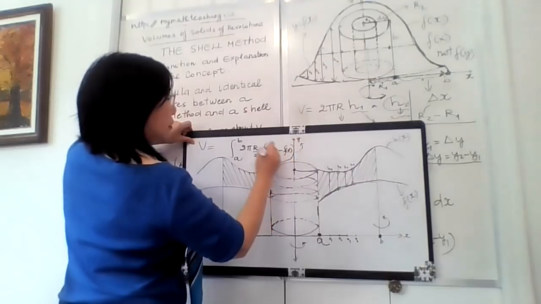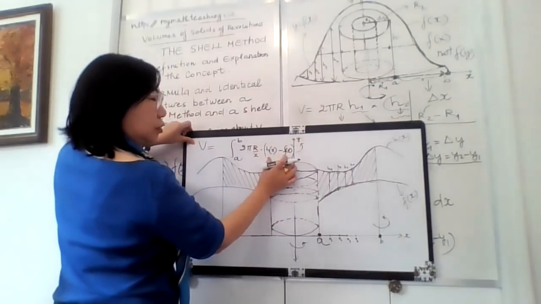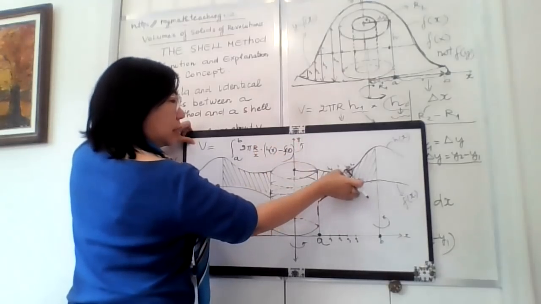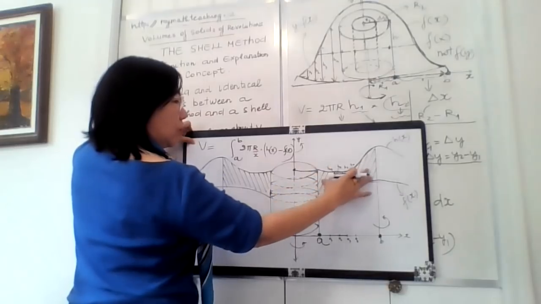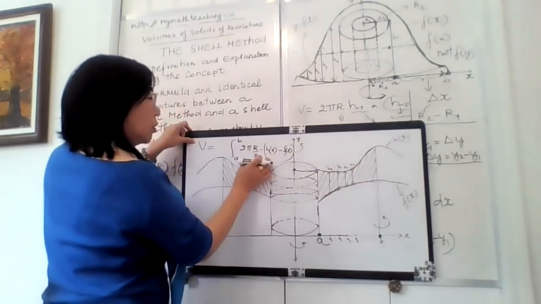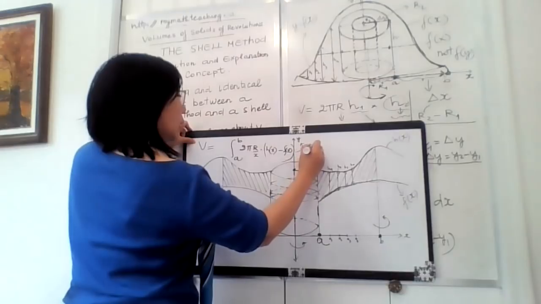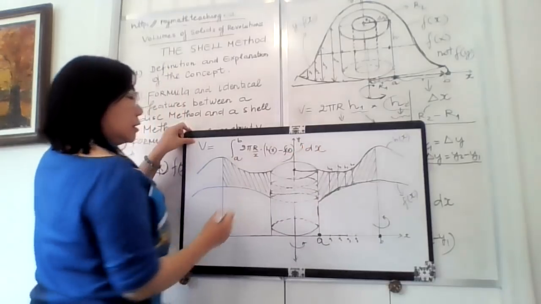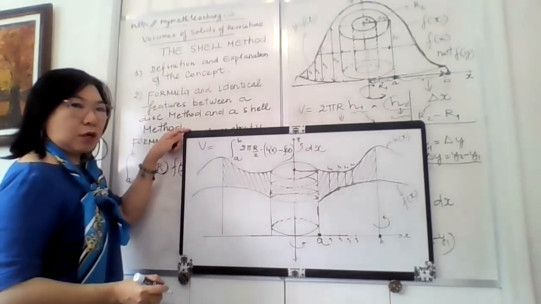So this is the first function minus the second function, so that you get the area of the region you want to generate. You apply this formula with dx. So that's it. That is about the shell method.